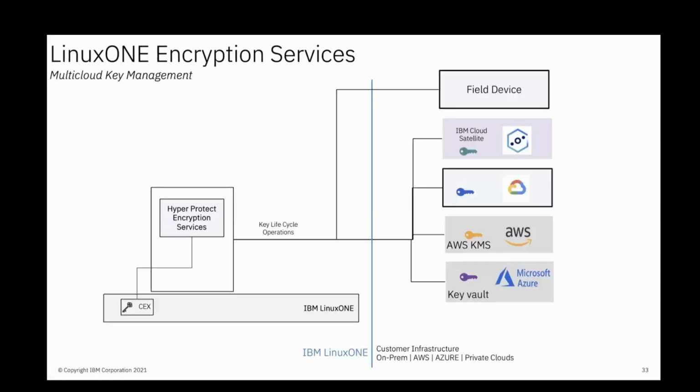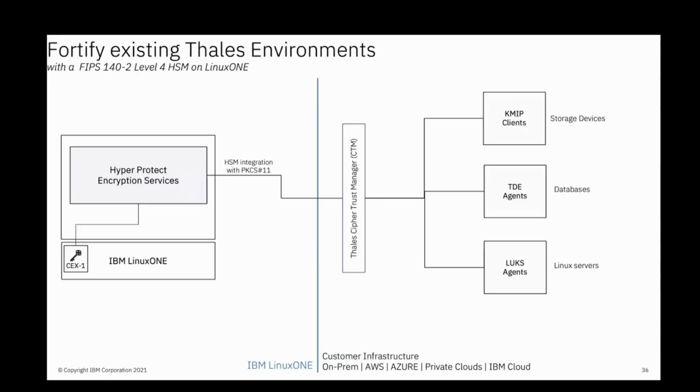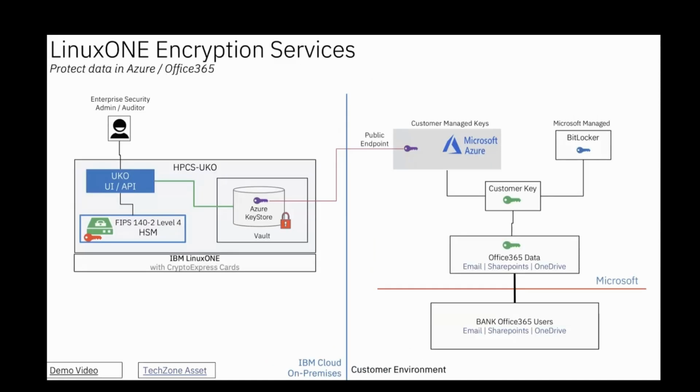We have seen this in the cloud context, where we have HPCS UKO right now running in IBM Cloud, and similar capabilities are going to be available on the enterprise encryption platform with Linux One on-premise, where you'll be able to manage your encryption keys and data in other cloud environments. So if you want to visualize what this means, this slide here can probably give you more information about it.